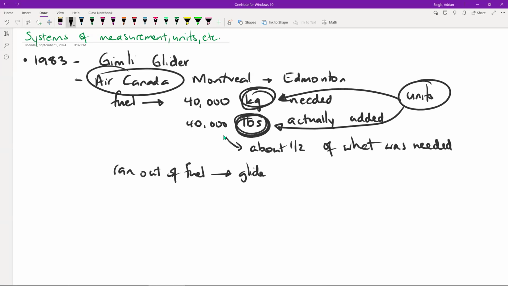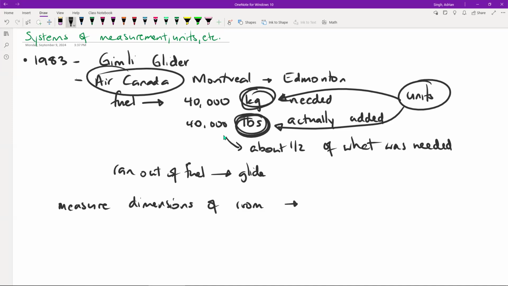All right, so we're not going to necessarily be fueling planes and stuff like that, but you are still going to be making measurements. So for example, you have to determine the size of a room. You measure the dimensions of a room to calculate airflow or whatever it is that you need to calculate.